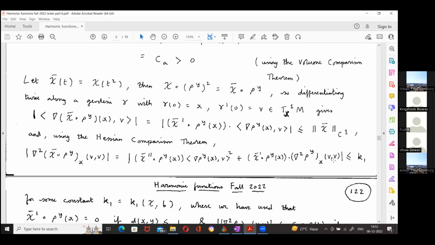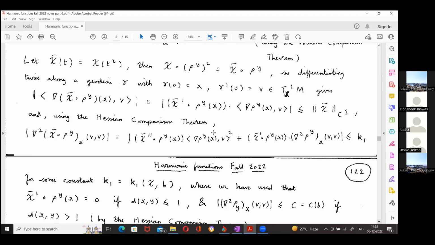Now, this sum is going to be less than or equal to some constant k1. Why? Because this chi bar double prime is bounded by the C2 norm of chi bar, so that's some constant. And this inner product, grad rho y with v whole squared, is less than or equal to 1.